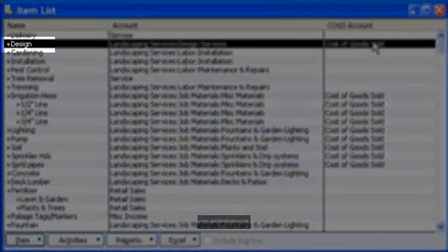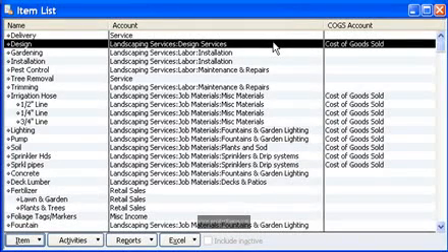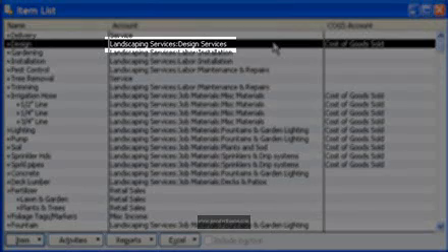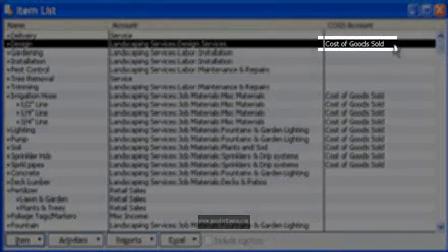Let's look at this second item called Design. Notice that it's pointing to a revenue account called Landscaping Services with a sub-account of Design Services. To make it simple, we'll just call it Design Services. Also notice the COGS account column, which shows a COGS account called Cost of Goods Sold.